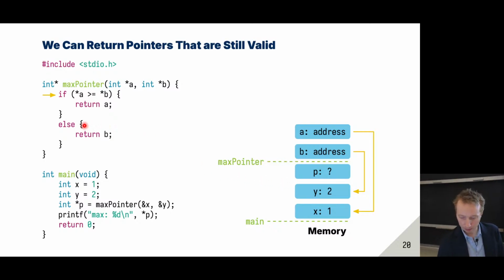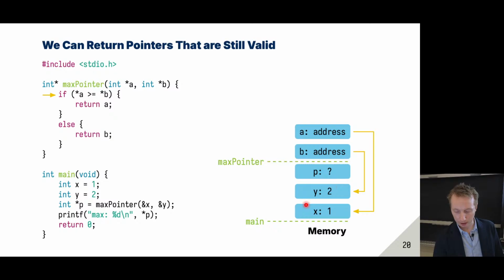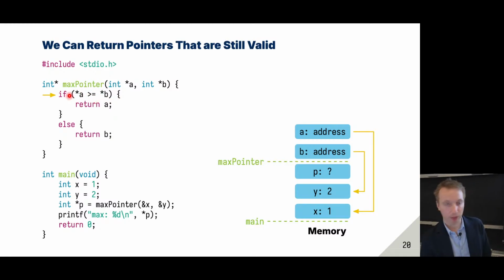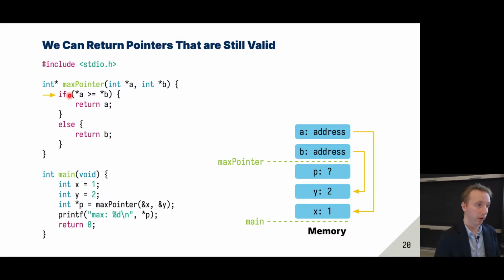If I run this function and dereference A, the value here is 1. 1 is not greater than the value at B, so in this case this would be false. 1 is not greater or equal to 2.